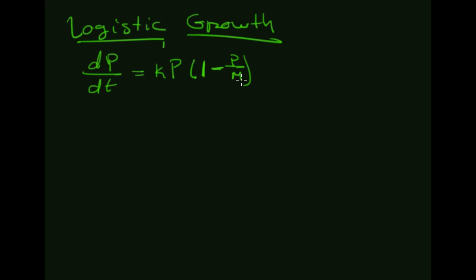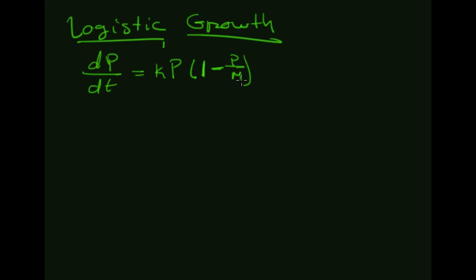Usually when we set up logistic problems, this is how they're going to get played out. This 1 minus p over m is communicating the idea that the ratio of my current population to the carrying capacity is approaching 1.